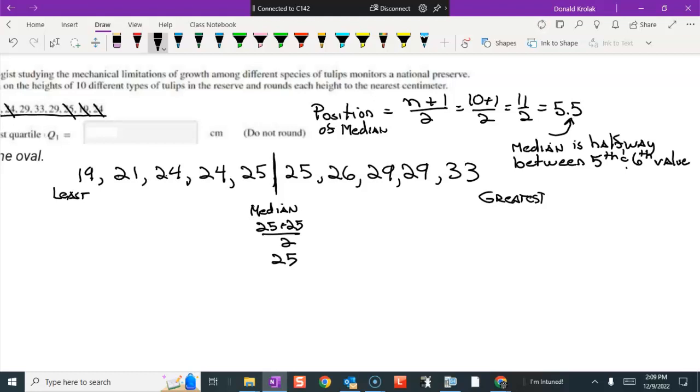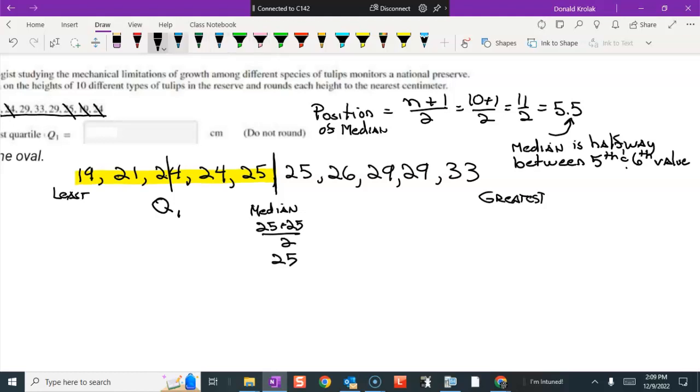Okay, now to get the lower quartile, we're going to repeat this, but we're going to do the median of the lower half, the lower 50%. So the number that is right in the middle, we've got 5 terms, so 24 is right in the middle. That would be quartile 1.